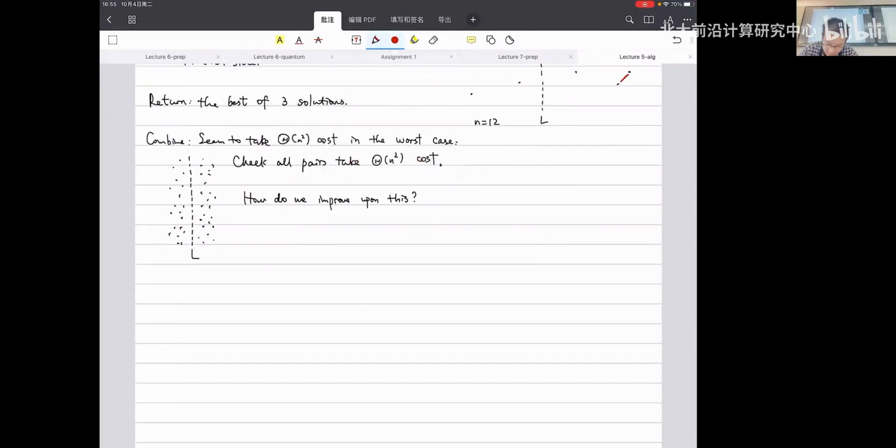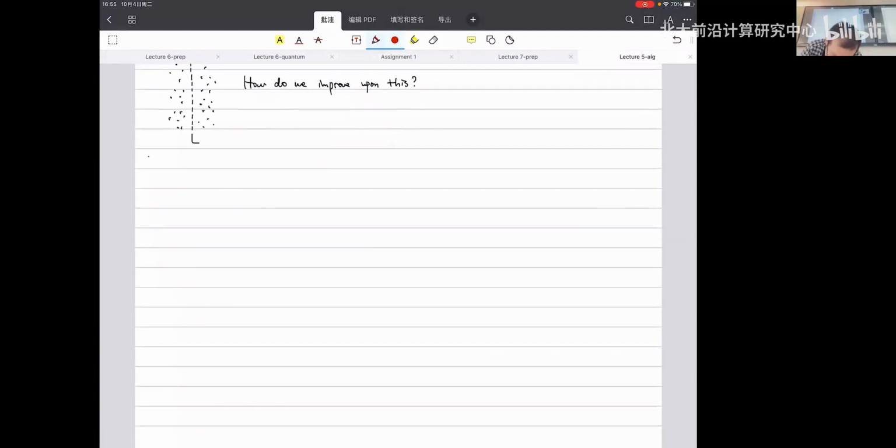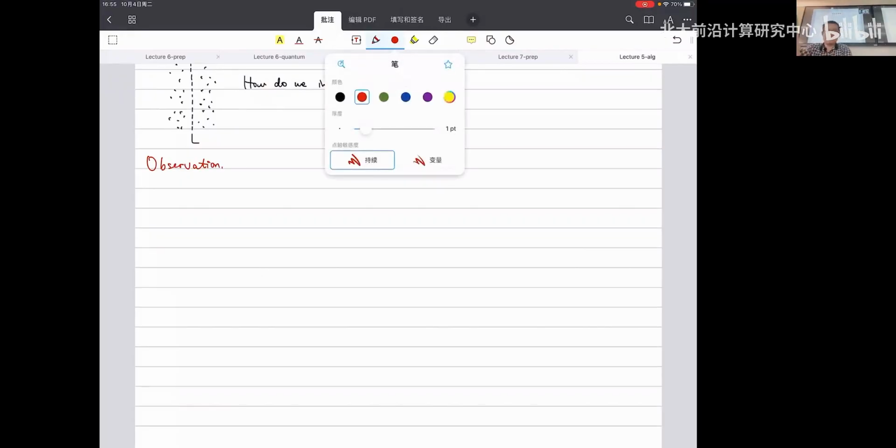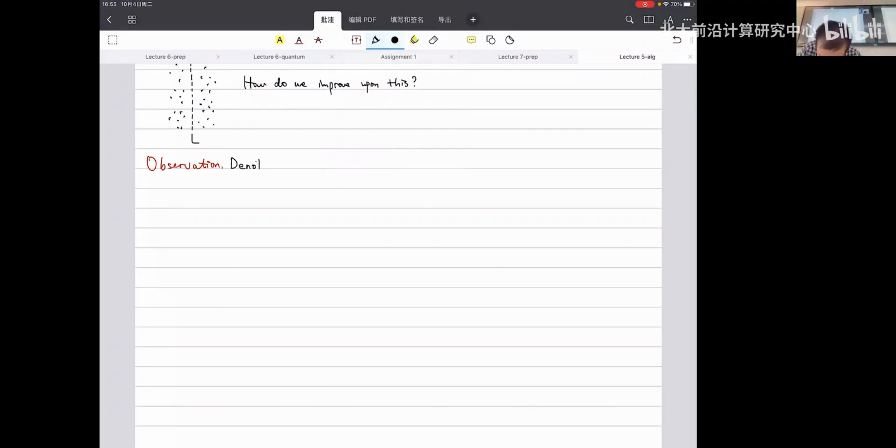So next, we are going to make an observation here. Let's denote delta to be the minimum of the two recursive calls in division.